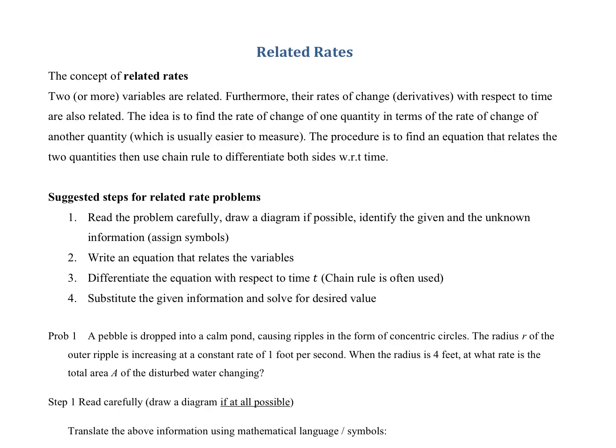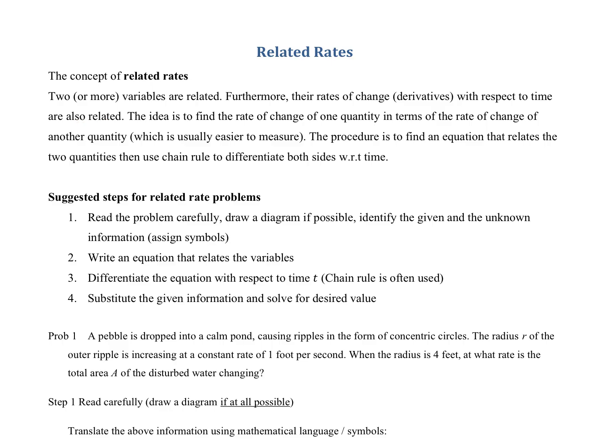In this lesson, we'll look at some applications of derivatives. They are related rates. Sometimes two or more variables are related. Furthermore, their rates of change, which means derivatives with respect to time, are also related.